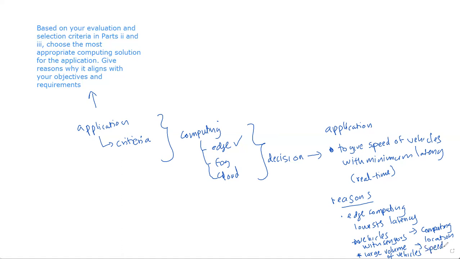We are not going to do large calculations. We are only going to give some very small data update back to the network. So even if we connect a lot of vehicles to the network, we can get that feedback back from the network with low latency once we have edge computing, you can say.